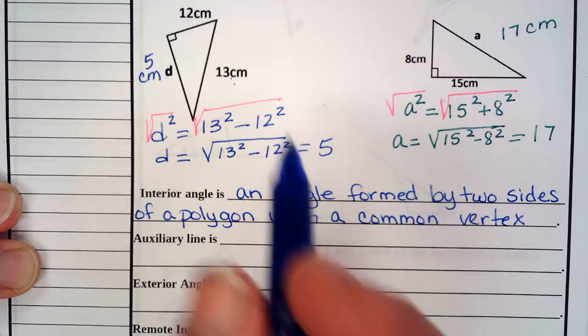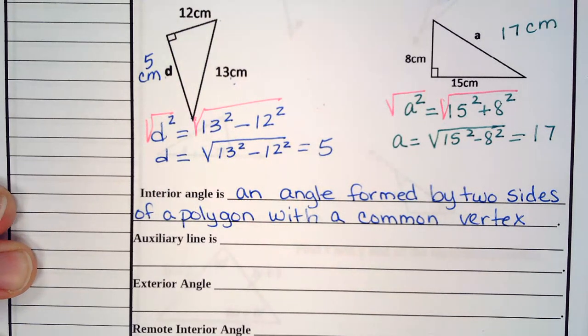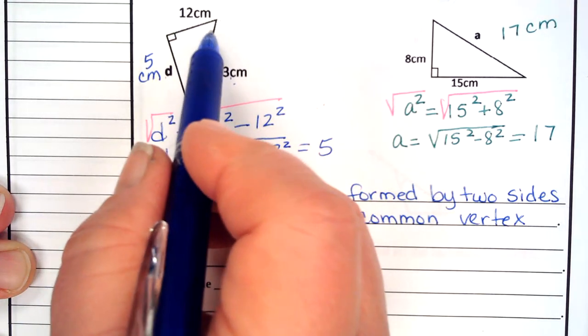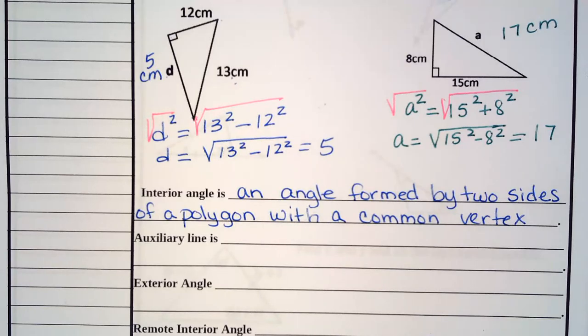Remember, the vertex is those corners of our figure. So if you're looking at an interior angle, this would be an interior angle. Okay, that brings us to auxiliary line.